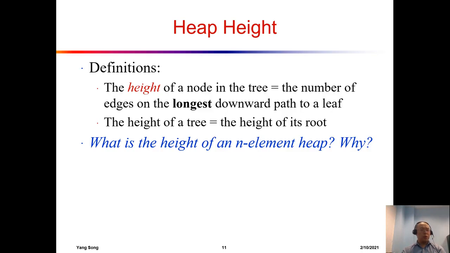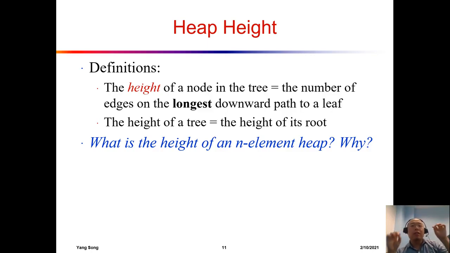Okay, so do you see any pattern? If we have an n-element heap, the height will be log n rounded down. Okay, do you see that? If you have 2 or 3 nodes, what's the height? The height is 1. And then we have 4, 5, 6, 7. What is the height? The height is 2.